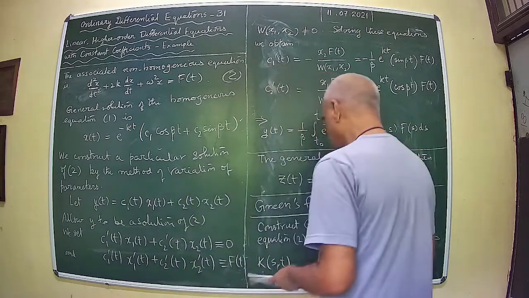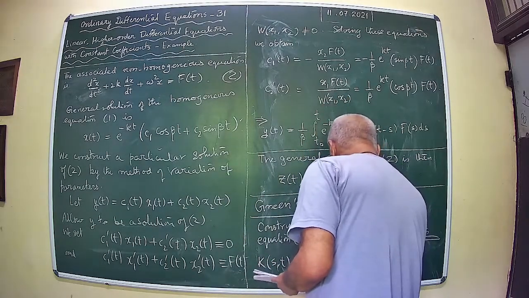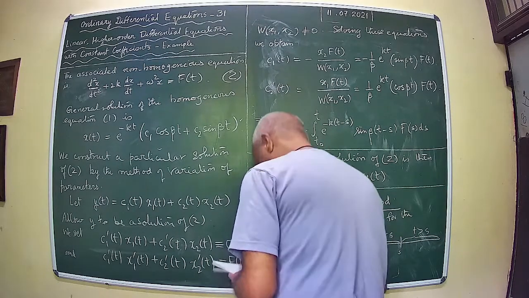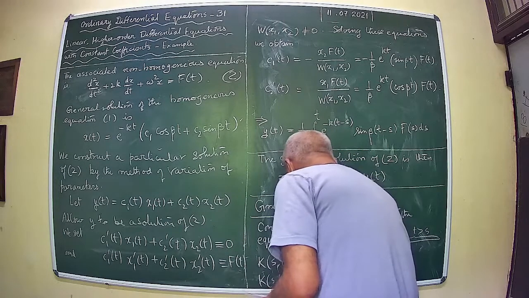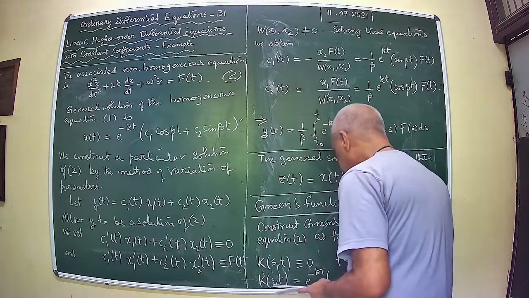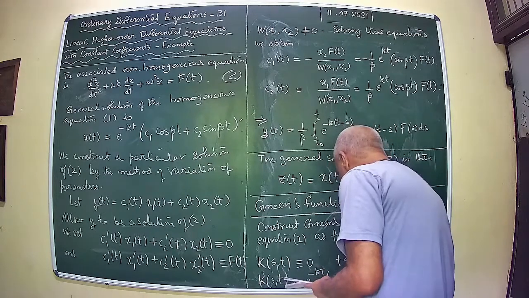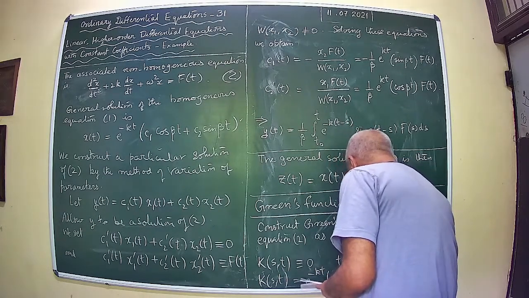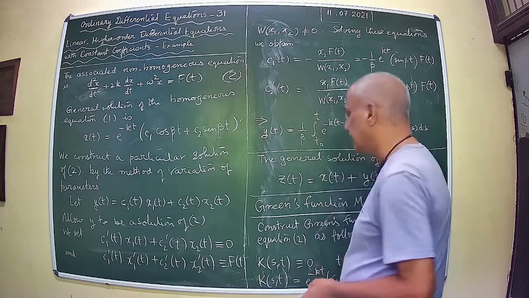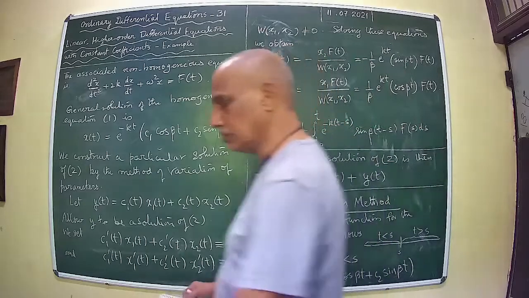Green's function is a function of both s and t, which is identically equal to 0 for t less than s, and k(s,t) is equal to e to the power minus kt times a general function where we have to compute c1 and c2: c1 cos beta t plus c2 sin beta t, which is essentially the linear combination. This is the general function that we have taken, and we have to determine c1 and c2.